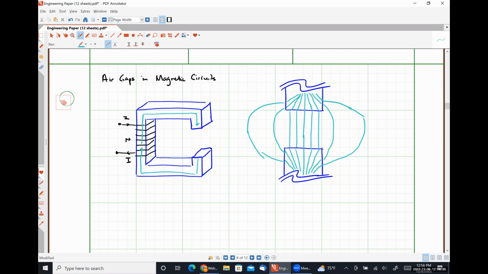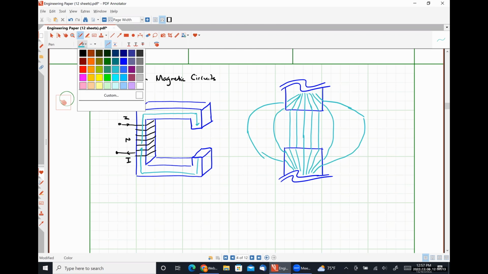Like so. Okay. So the reason why the flux is spreading out like that is because the permeability of the air that the flux is traveling through is much, much smaller than the permeability of the core. So since you don't have a very high permeability core material confining the flux into a small space, it will spread out in the air.